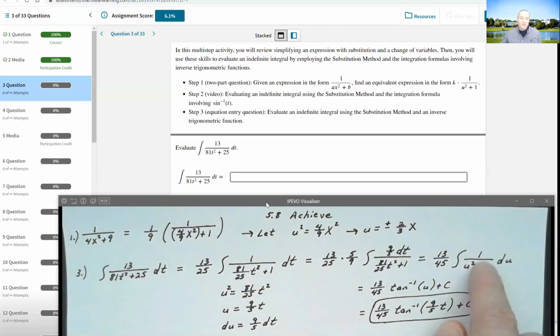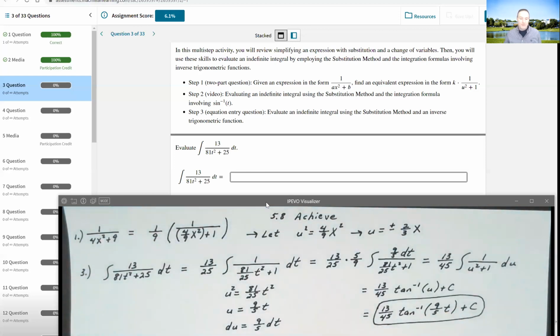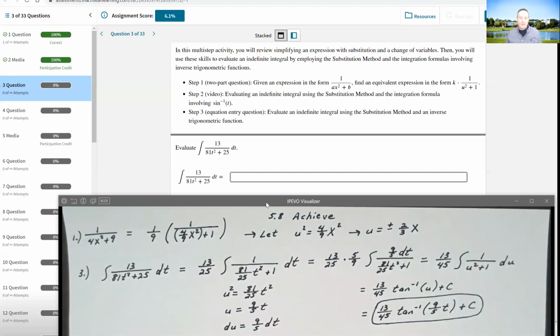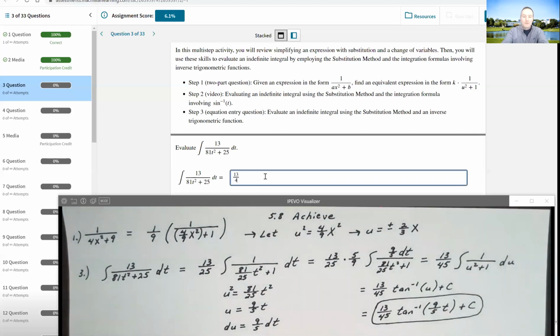Final answer here, when you substitute back in for u, is equal to 9t over 5, or you could write it as 9/5 t. I kind of like 9t over 5 better, so that's the way I'll enter it in. We get 13 over 45 inverse tangent. I'll go ahead and put this in here, 13 over 45, and then inverse tangent, and I'll need to scroll back so I can raise this to the -1 power, but hopefully it'll understand that that's inverse tangent of 9t over 5.